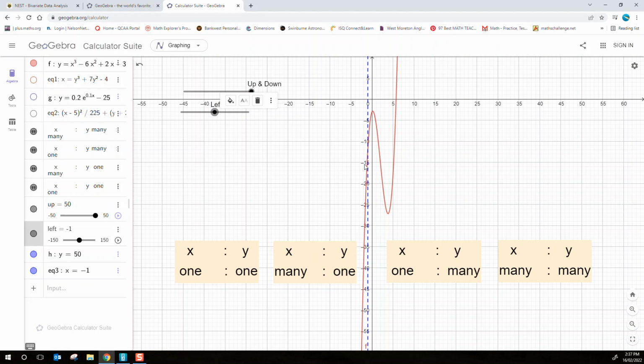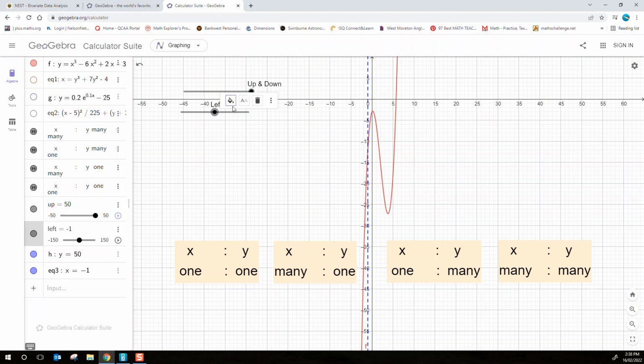It's only ever possible to intersect the vertical line once. And vertical means y. So we've got 1 for y. This is a graph with a many to one relationship. It means there are many x values that all will translate to the same y value.